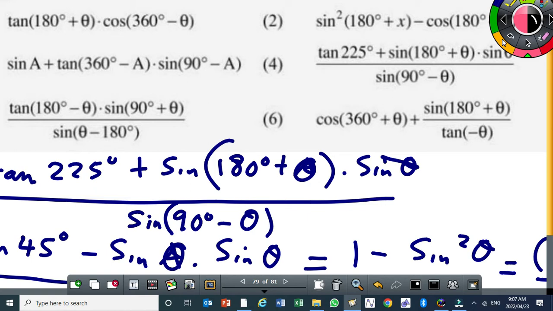If I give you 180 degrees and I say solve to get x so that the sum of the two is 225, what will be the value of x? It will be 225 minus 180, which is 45. So it means we can write this as 180 plus 45 degrees. So it's better to work with acute angles. Don't work with obtuse angles.